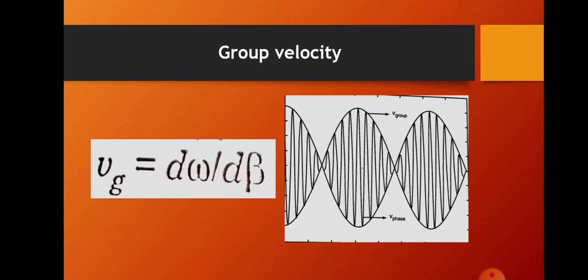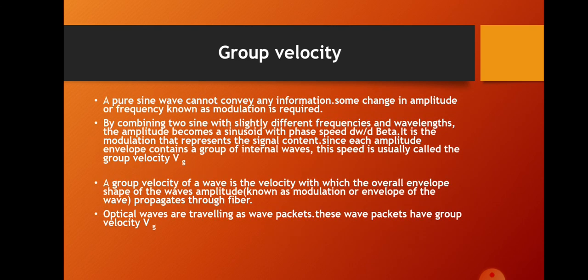It superimposes a carrier wave with a modulating wave. So each amplitude envelope contains a group of internal waves, and the speed of the traveling wave will be equal to the group velocity. That means the group velocity of a sine wave is the velocity with which the overall envelope shape of the wave's amplitude propagates through the fiber.